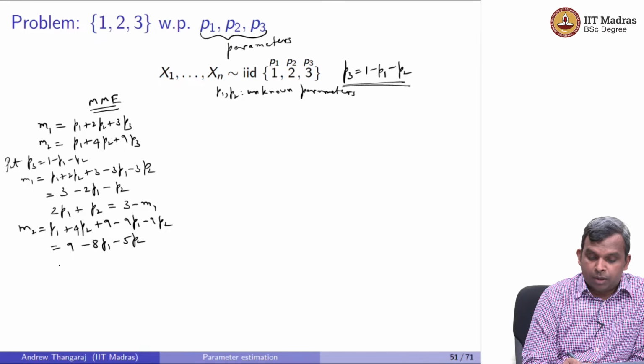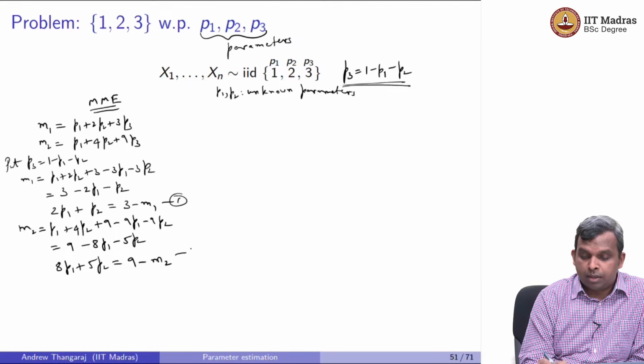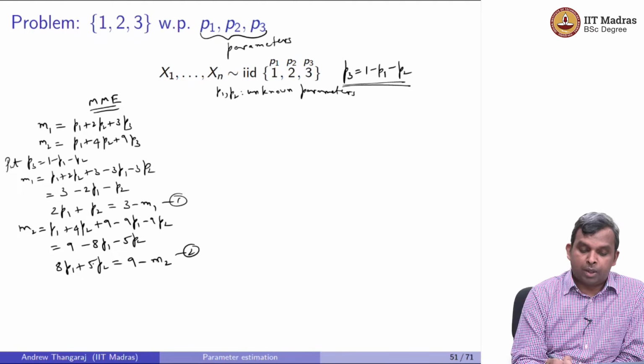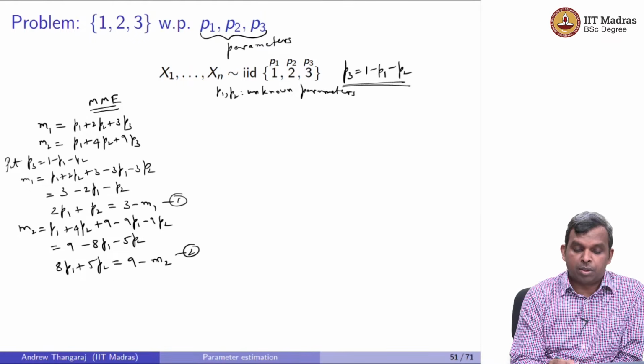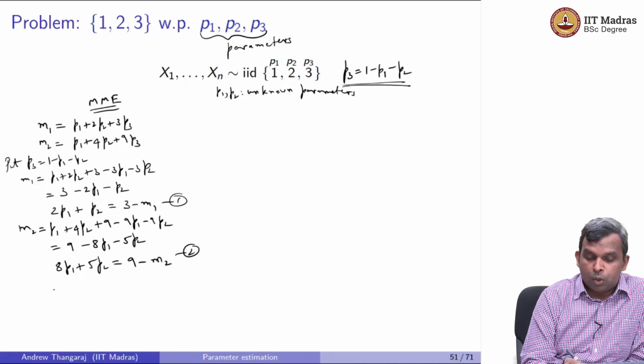If you rewrite this, you're going to get 8P1 plus 5P2 equals 9 minus M2. Okay. So this is one equation. The second equation, you're going to solve these two equations. For doing that, you can multiply this first equation by 5, and then subtract. So you're going to get 2P1.